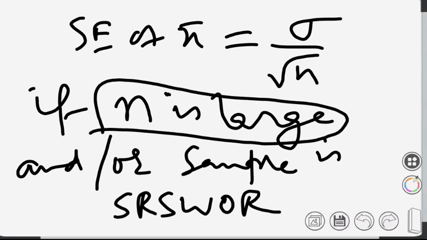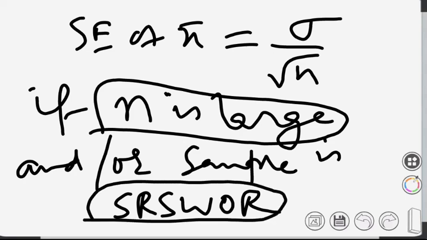Large n means n is greater than or equal to 30, and the sample is simple random sampling without replacement. If it is without replacement, the population is also large, so a large sample can be taken. Then we define the standard error of x bar as sigma by root n.